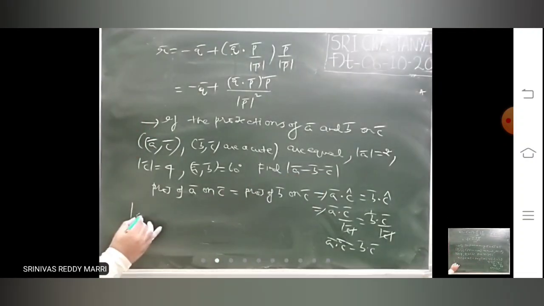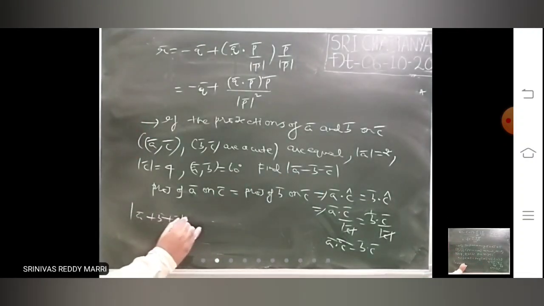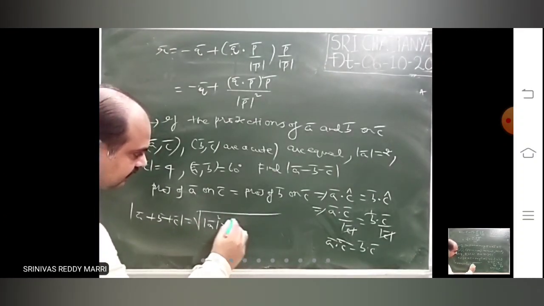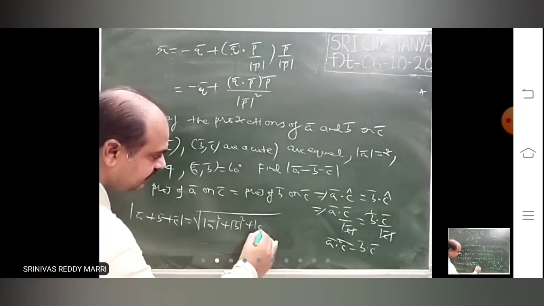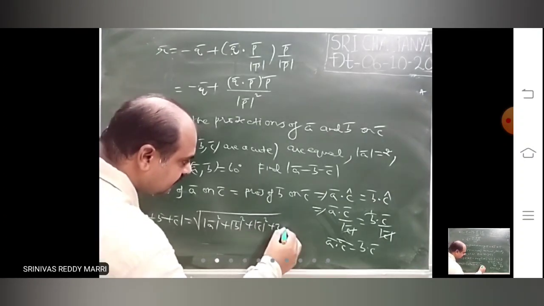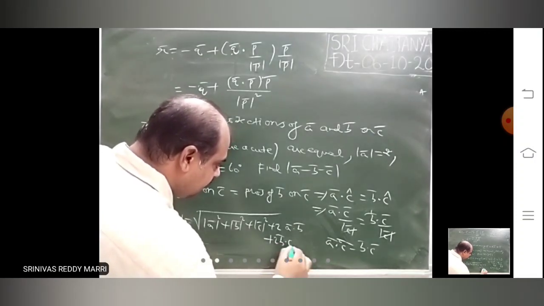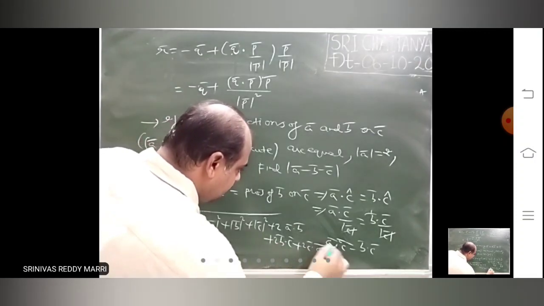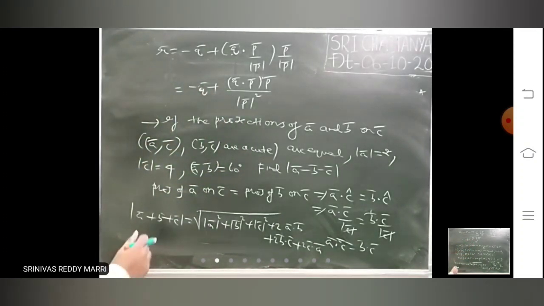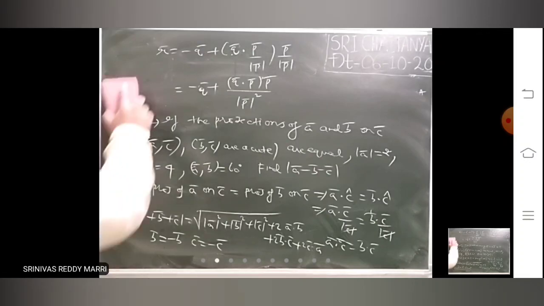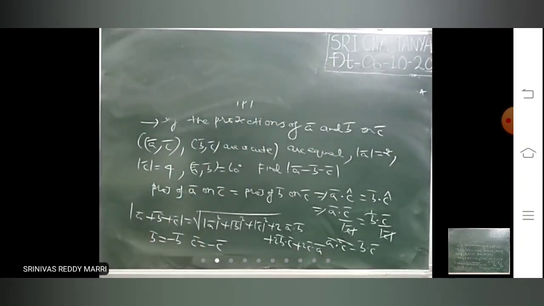Now you know the modulus of A bar plus B bar plus C bar. What is the formula? Root of modulus A square plus modulus B square, you write this first, plus 2A dot B. This is the formula. Now here, write this formula and replace B bar equal to minus B bar, C bar equal to minus C bar. Replace in that formula whatever it is there.